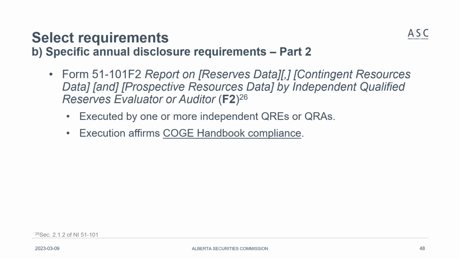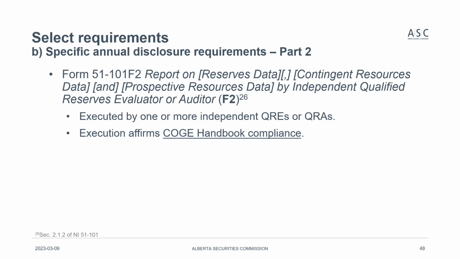And that's a very important thing to be careful with, because some issuers do run into challenges from time to time. I would also stress here that changing the F2 to remove that representation about COGI Handbook compliance or things like that is not permitted. So don't modify the forms to suit your individual needs.